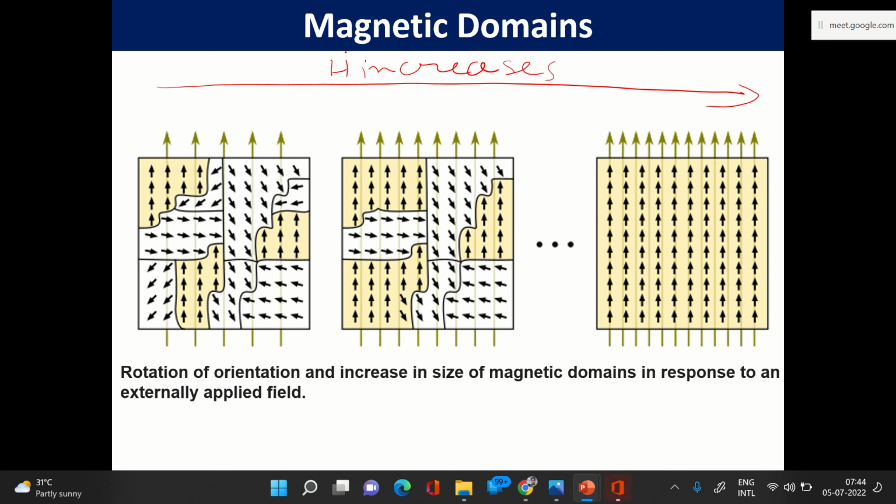The direction of field, this is the applied magnetic field that you see in the gray. This is your H, this arrow, this big. The applied magnetic field is gradually increasing. So you can see the drawing, see how the drawing has been done. The number of arrows gradually increases.